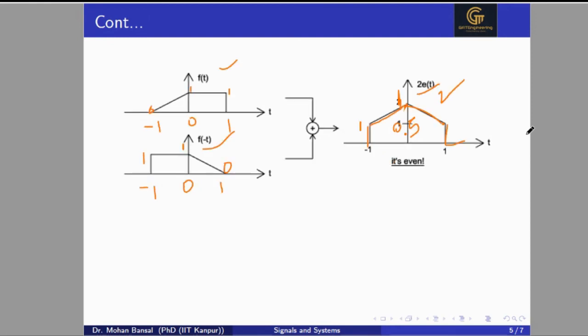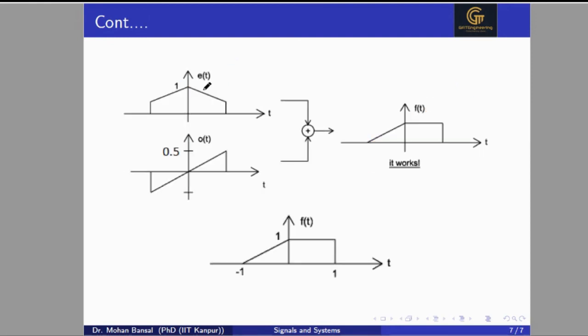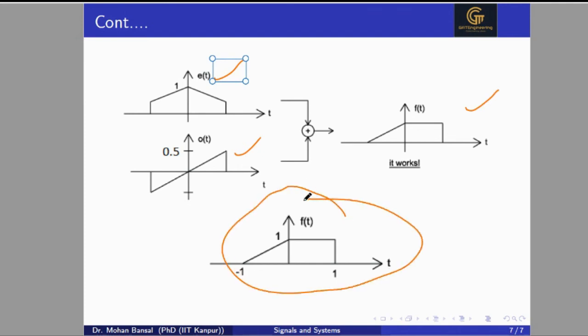Previously we have seen the even signal and odd signal. Now verify the property that the signal should be the sum of the even and odd signals. We have the even signal as well as the odd signal. We will add both of them, and the sum should satisfy the property and match the given signal. In the even signal, we have the value 0.5 at t equal to -1 and t equal to 1, and it is 1 at t equal to 0.